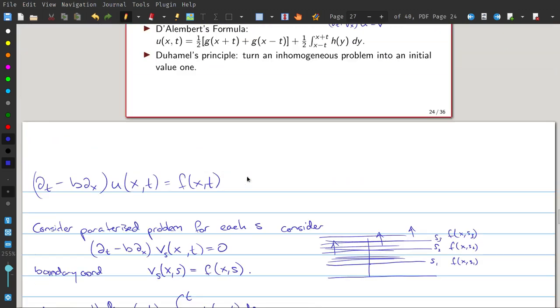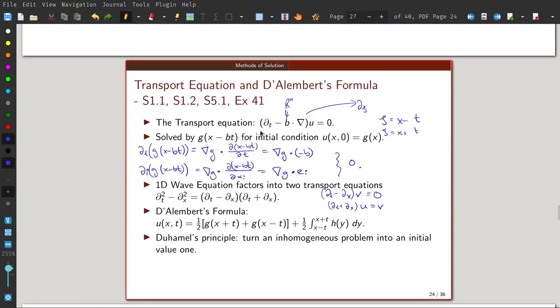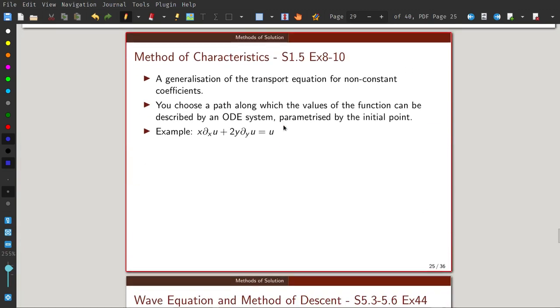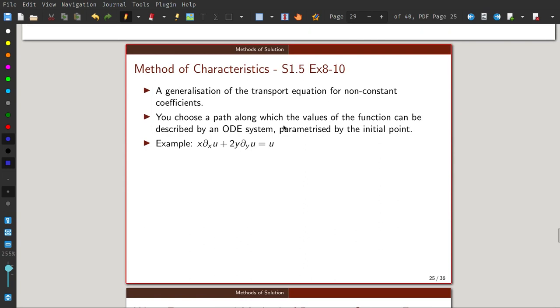So here the coefficients in the transport equation were 1 and the different components of b. But what happens if that is not constant anymore? And the idea is to choose a path in the domain where the values of the function can be described by an ODE system parameterized by the initial point.